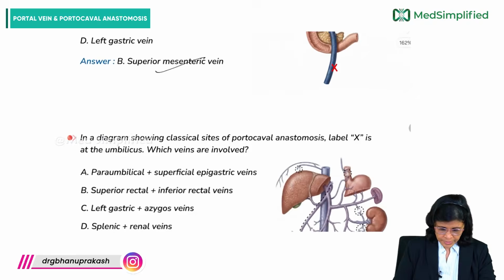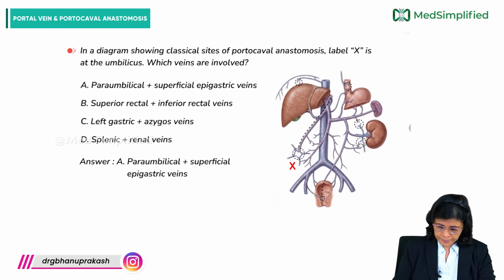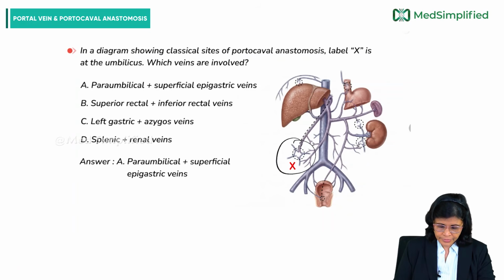Next question. In a diagram showing classical sites of portocaval anastomosis, label X is at the umbilicus. Which veins are involved there?